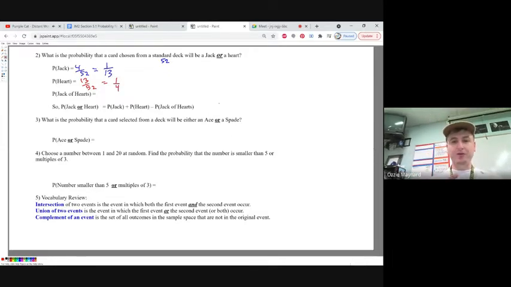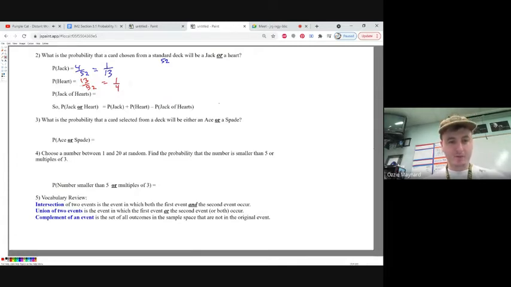So basically, there are 4 suits: hearts, spades, diamonds, and what's the last one? Yeah, clubs. So hearts, spades, diamonds, and clubs, they're all in those different categories.